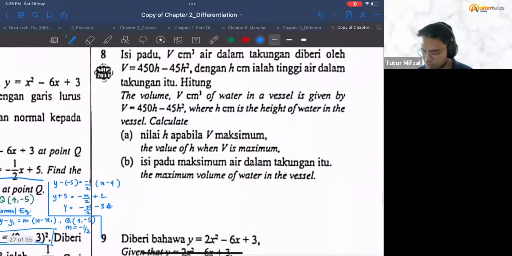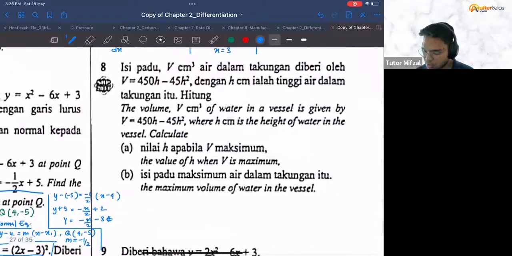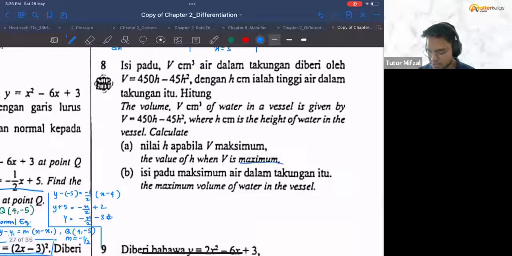Okay, now the volume V centimeter cube of water in a vessel is given by V equivalent to 450 H minus 45 H square, where H cm is the height of water in the vessel. So calculate the value of H when V is maximum. All right, we need to find the value of H when V is maximum. You see, maximum.